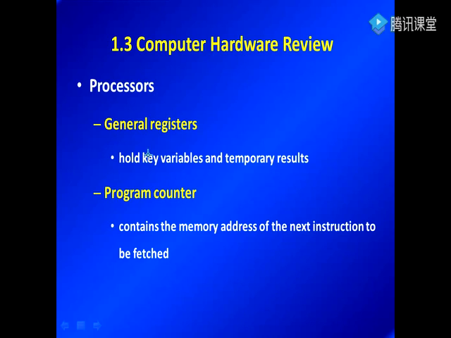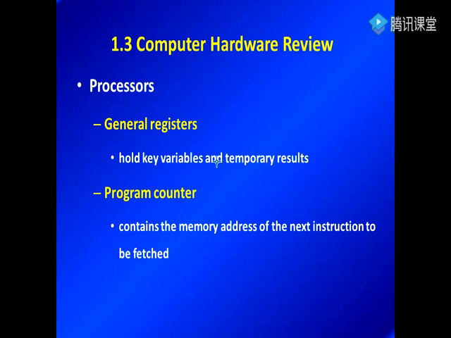Besides the general registers, we have some other important registers which are used to control the whole process of instruction execution. For example, we need to use a special register called the program counter to contain the memory address of the next instruction to be fetched.